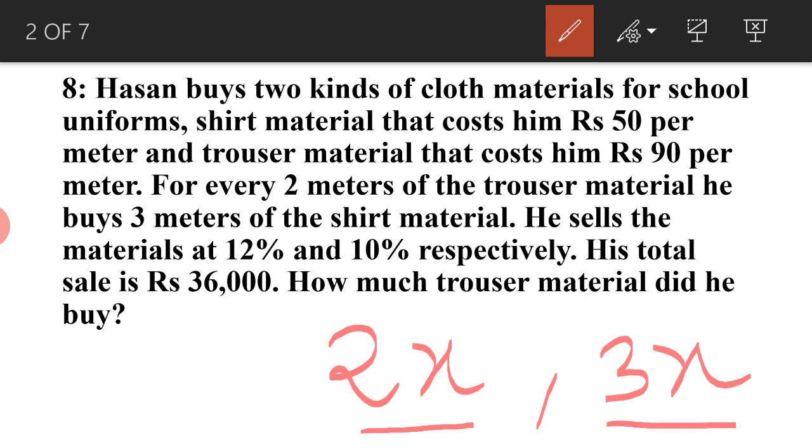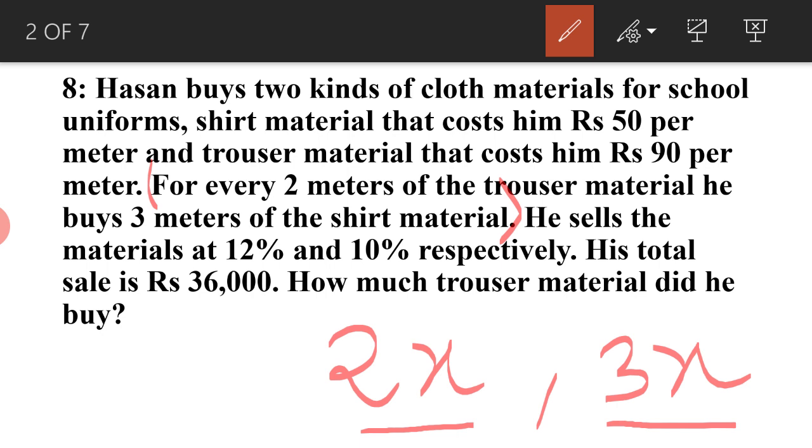Is it okay? If x is the multiplier, then for every 2x meters of trouser material, he will buy 3x meters of shirt material. Is it satisfying this particular statement, that for every 2 meters of trouser material, he buys 3 meters of the shirt material? This statement is just another way to represent a ratio. So underline that statement and remember that instead of simply giving the ratio, it can be expressed in this kind of statement.